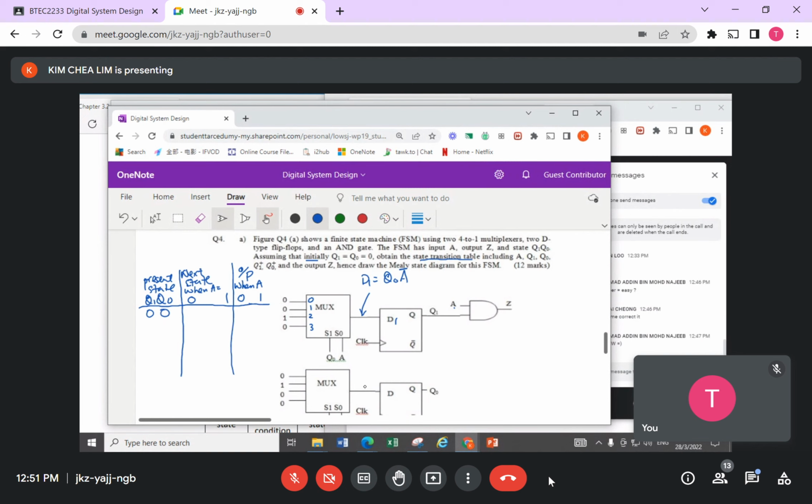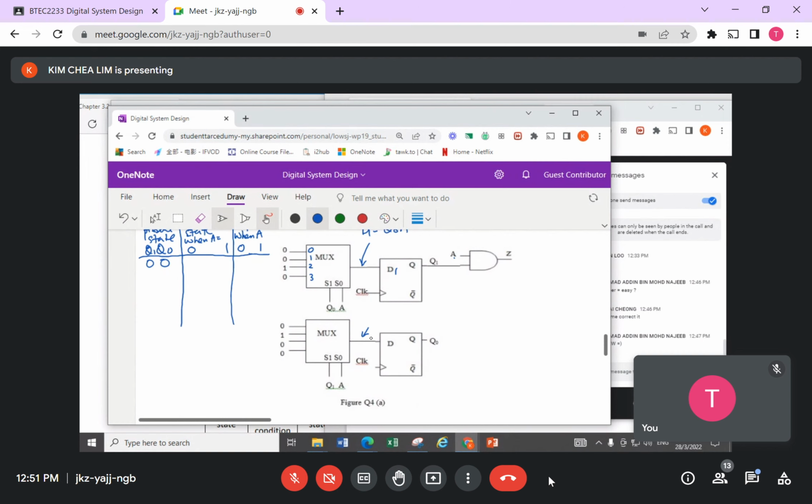All right, next for this, you find that this is 0, 1, 2, 3, and this one happens at 2, this one happens at 1, so D2 is the same as Q1 A. Not D2, it is D0.